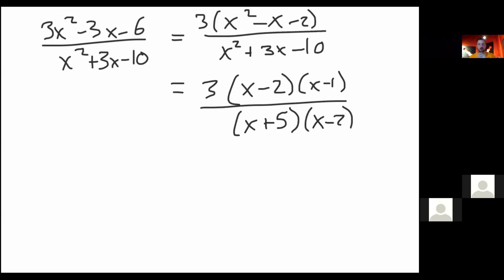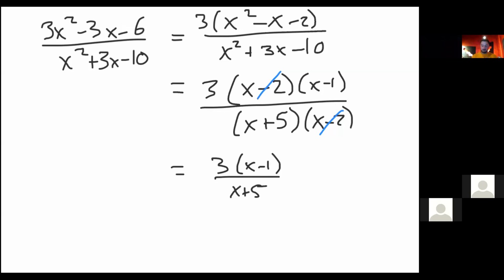And then I look for, okay, is there a common factor in the numerator and denominator that gets canceled out? That'd be the x minus 2 factor, i.e. when x is equal to 2. So those cancel each other out, and I'm left with 3 times x minus 1 over x plus 5.